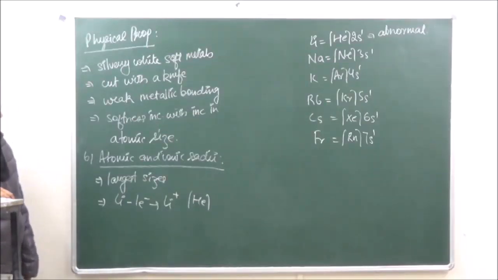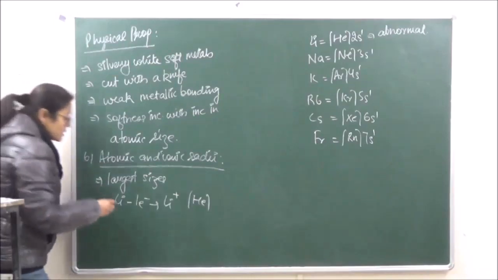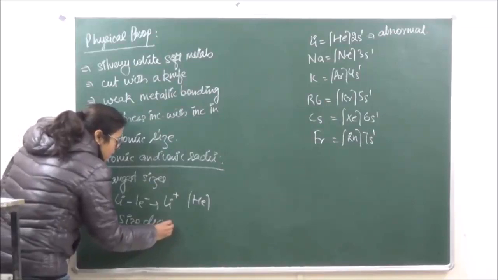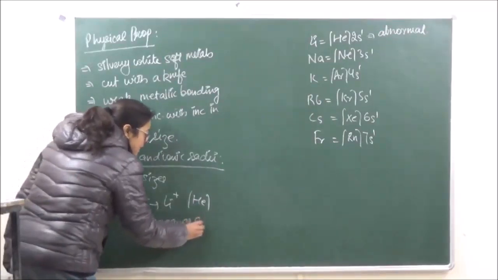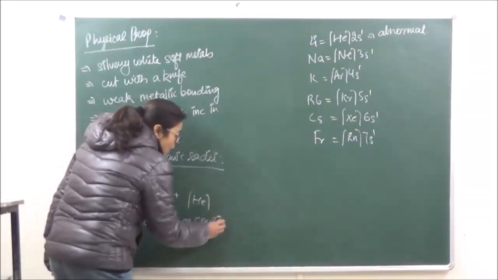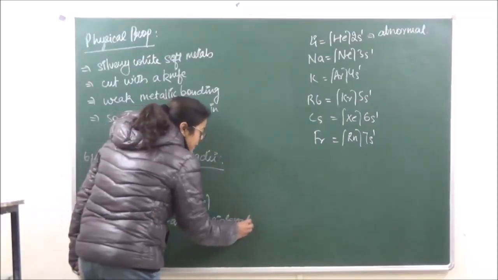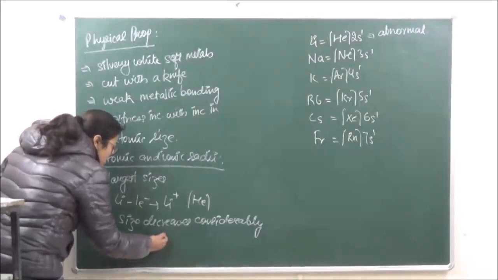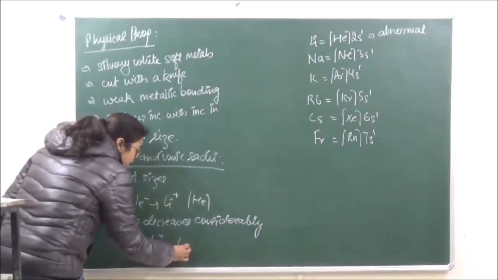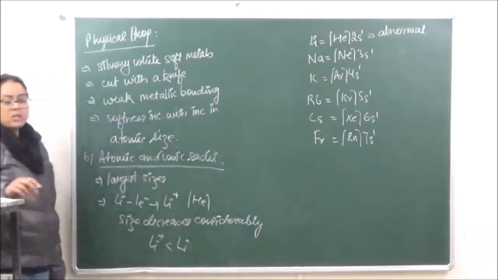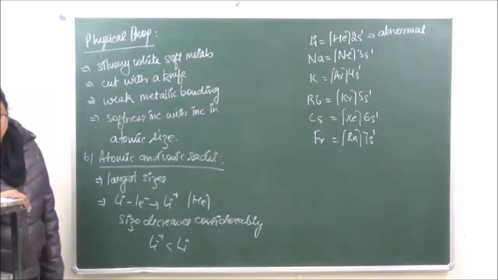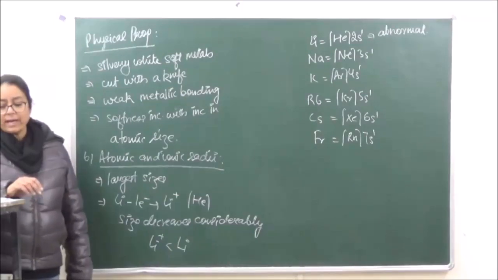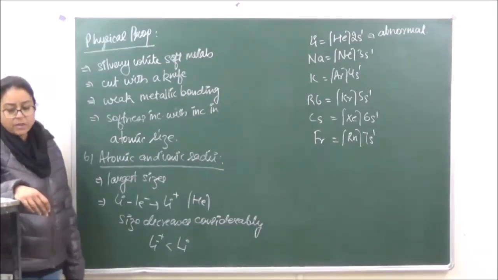Because the entire shell is getting removed, the size decreases considerably. Therefore, Li positive is going to have a very small size with respect to lithium. Okay, so the reason behind that is that the shell or electron has been completely removed.